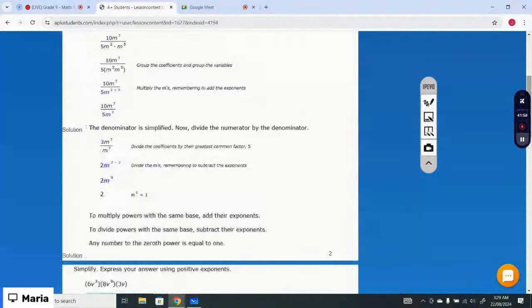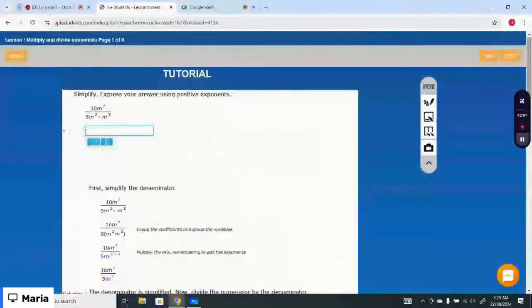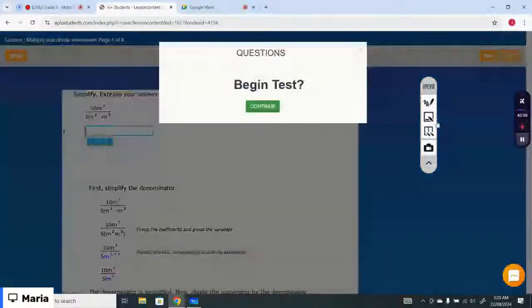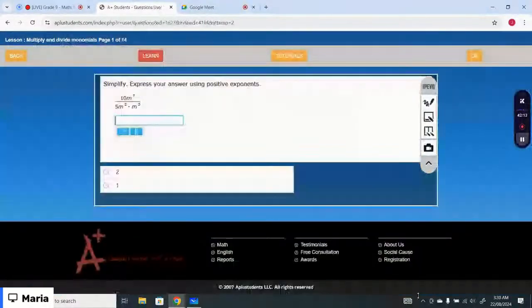Got it? So let's just start with the test questions. They are already solved. You can have a look at them later today. Let's start with the test questions. Okay, that is exactly the one we just did in the tutorial. So which is the correct option?